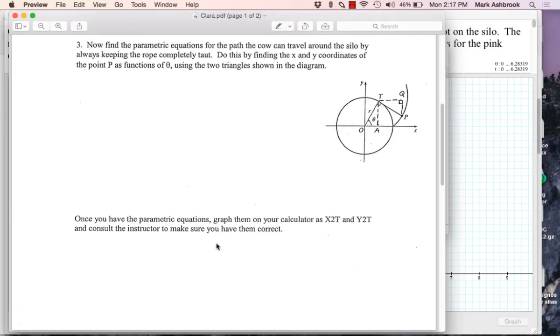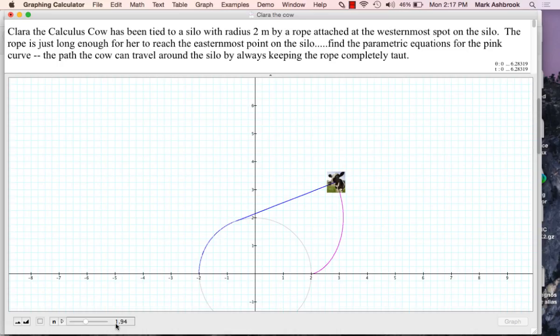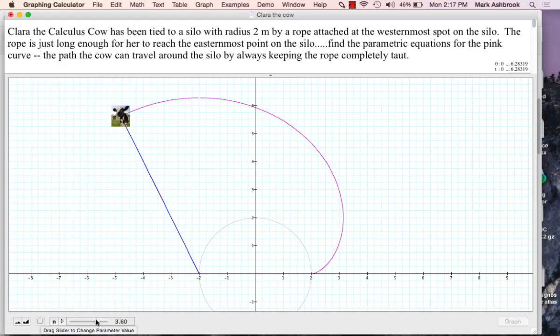You can consult one of us to make sure. You can also compare what you're seeing on your TI to this, as a loose check. If you had me for Calc 1 and you still have your GC file or GC software, you can put it in on this, and I can help you with that if you need to.